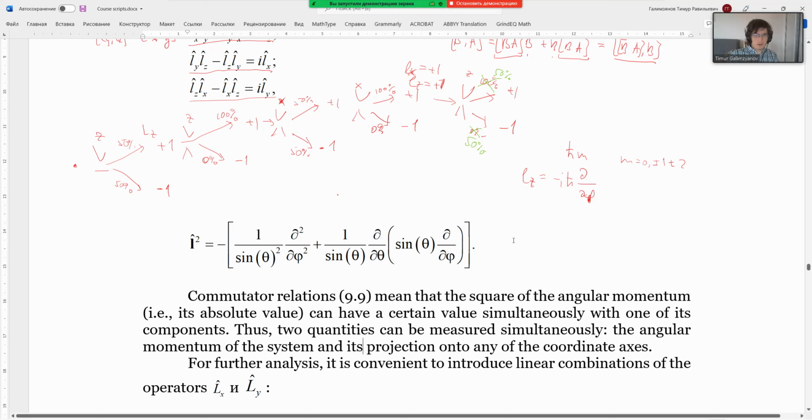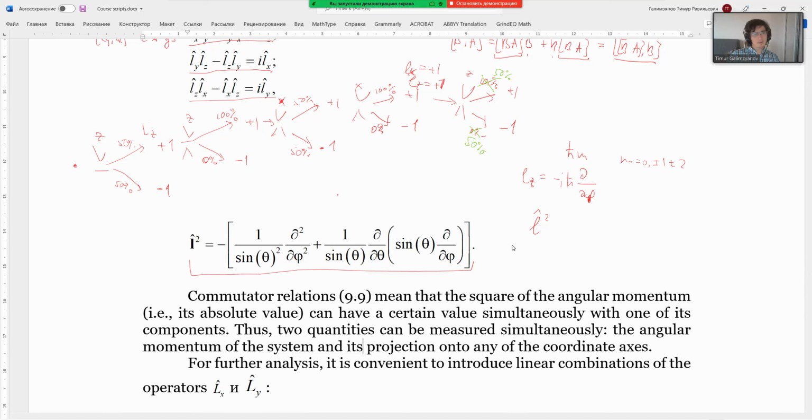So now we want to find the eigenvalues of the L squared operator. Here's the equation for this L squared operator. But please do not be afraid.